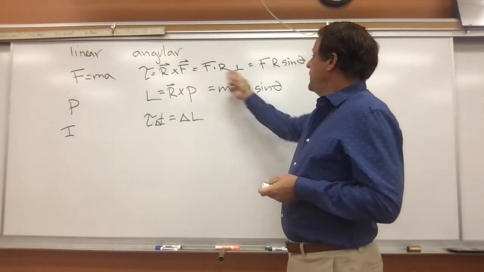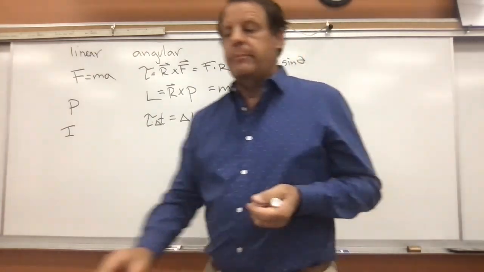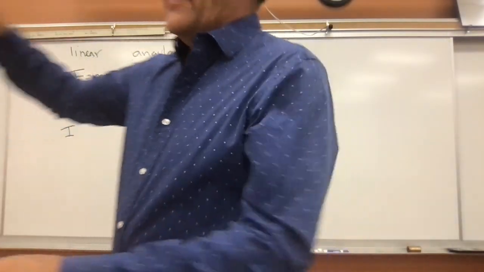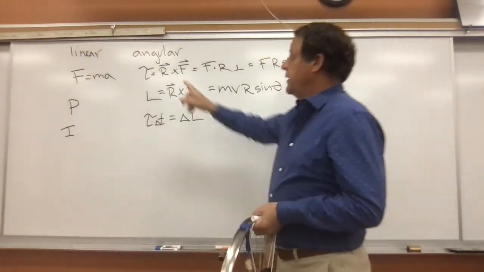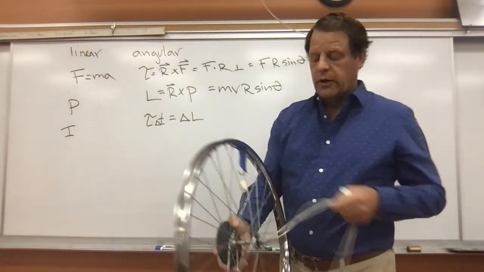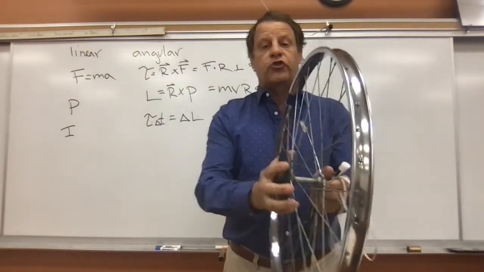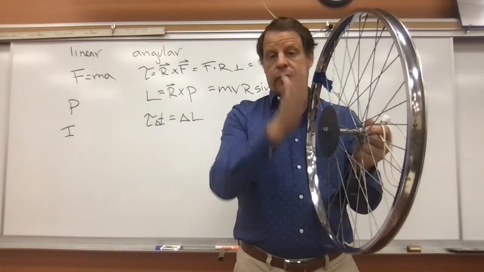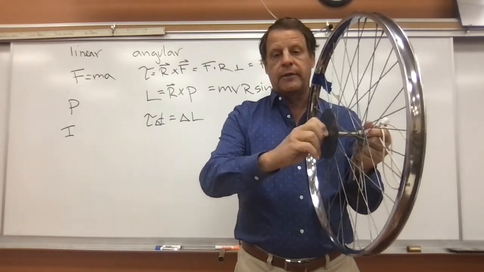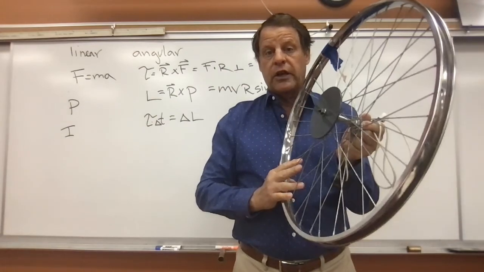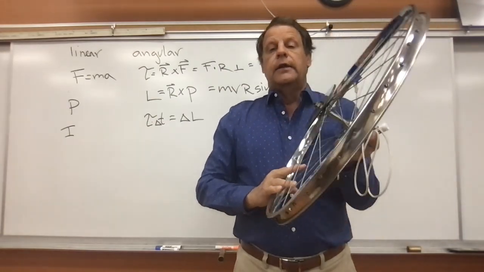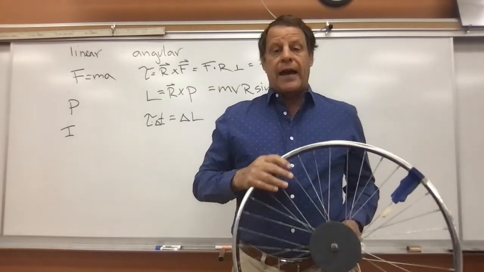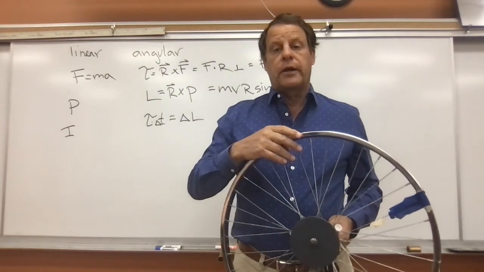A lot of times this torque is going to be easier than that cross product, because usually the force and the radius are in the same plane. We can certainly always make it that way, unless the axes are superimposed upon us.